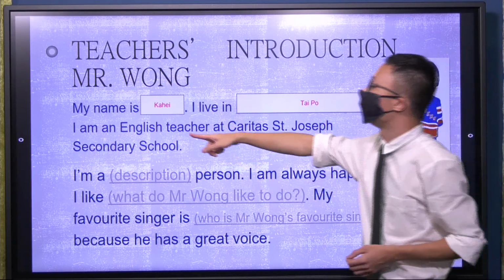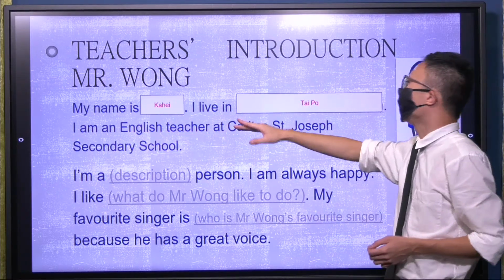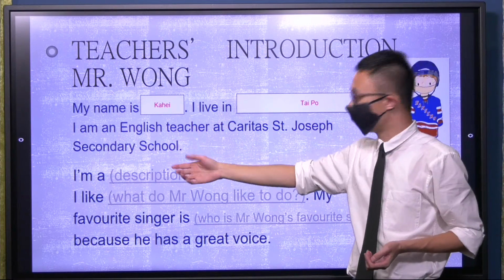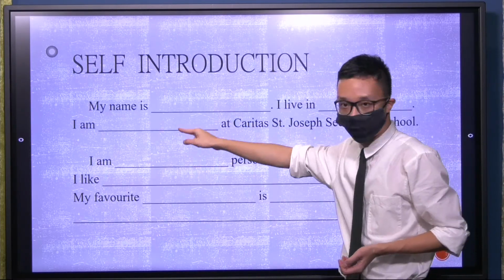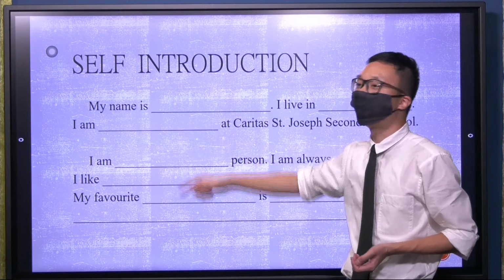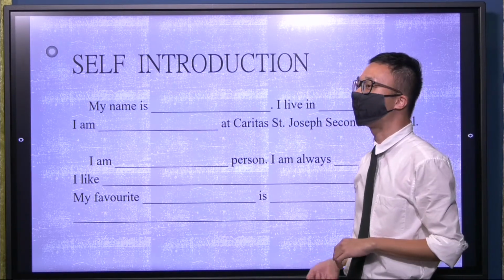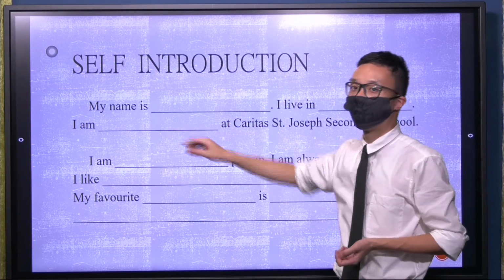Okay. And then I am an English teacher at St. Joseph Secondary School. You see the same blank here. For you, of course, you're not a teacher; I am, or we are. You guys are students, so make sure you put student here.